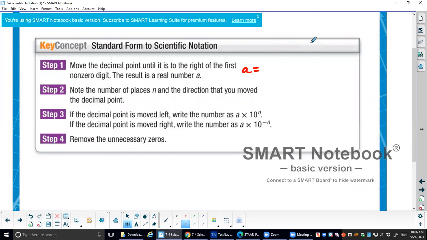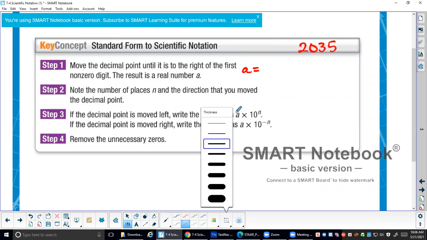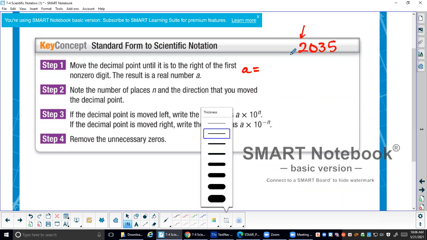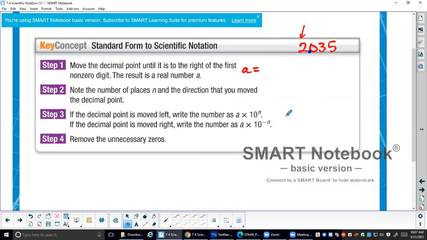Let's say I start off with the number 2035. If I move the decimal until it is to the right of the first non-zero number, the first non-zero number is right here, right? And I'm going to move my decimal to the right of it.